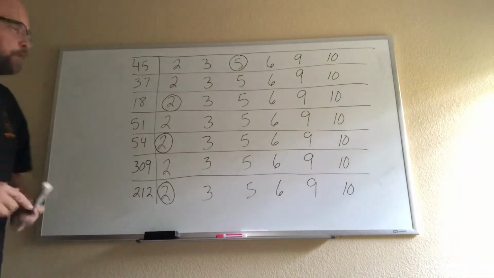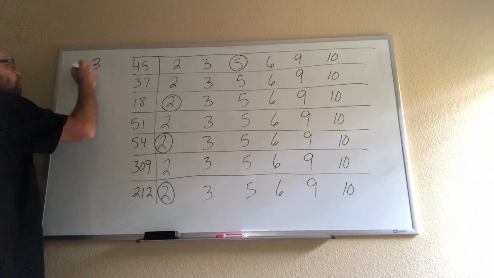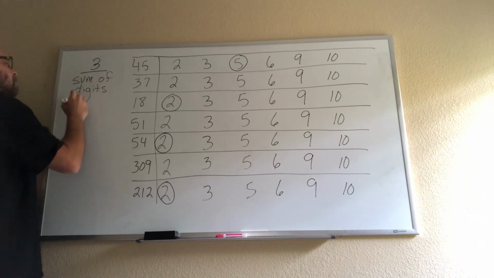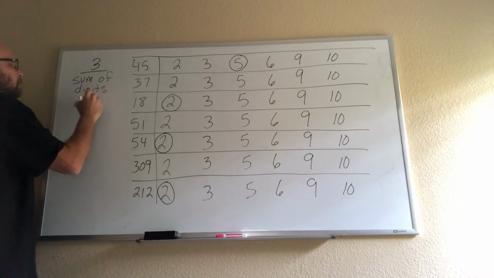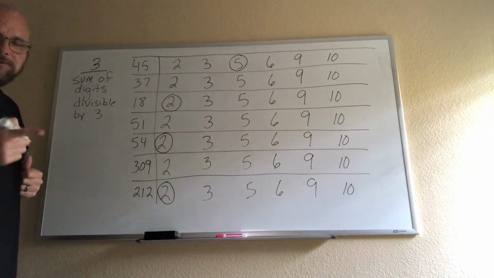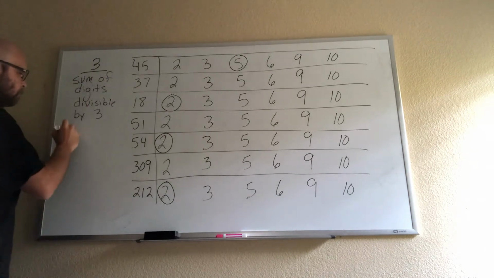Now the rule for 3: the sum of the digits is divisible by 3, or 3 times something equals that number.